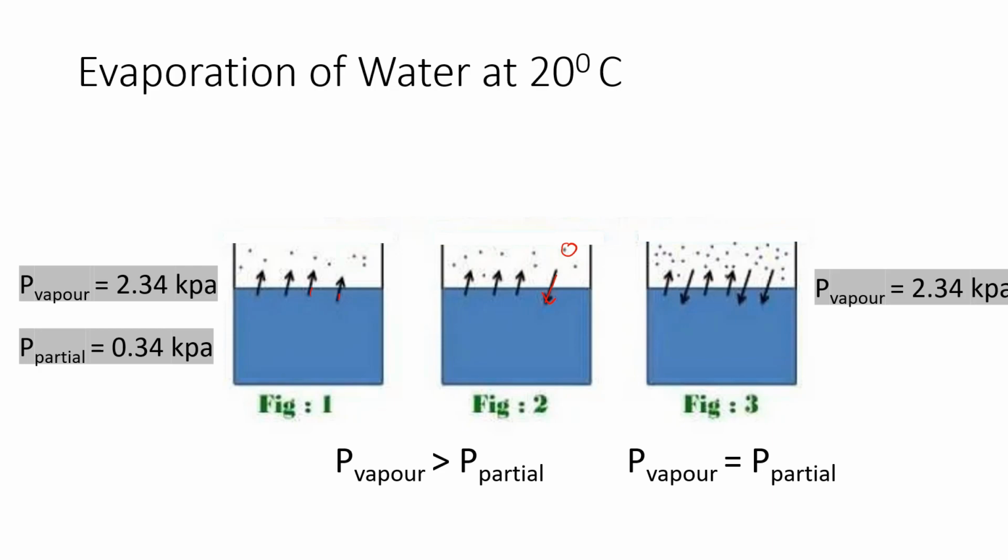That is, some of the water vapor in the atmosphere is entering into the liquid surface. So the amount of liquid getting converted to vapor will be equal to the amount of vapor getting converted to liquid. This happens when the vapor pressure is equal to the partial pressure.